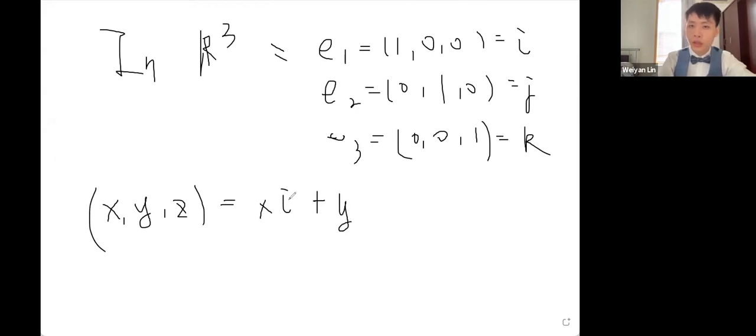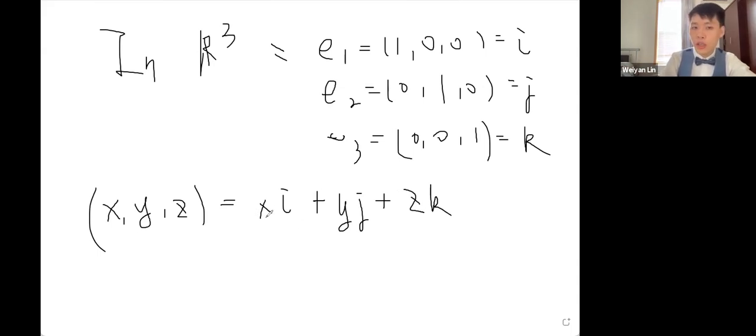This one you cannot change, with different axes. Same thing for j: if you have a y value in the j dimension, this y is also unique. Same thing for the k. So this combination is unique.